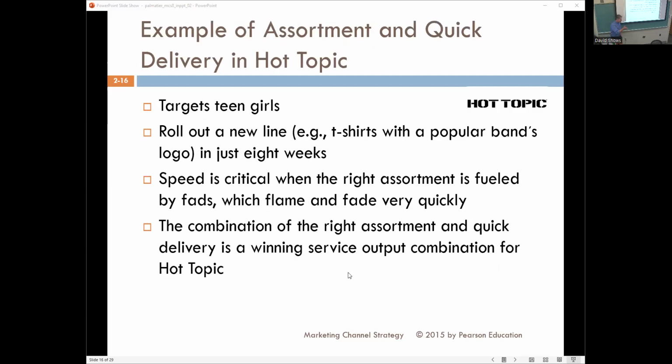So, Hot Topic is kind of a unique animal. Hot Topic is generally for individuals under the age of 30. Hot Topic is a unique store in that it is a store that actually makes money on fads.